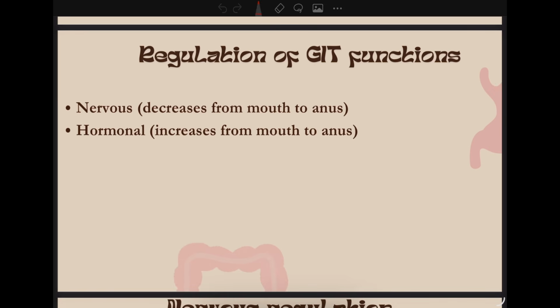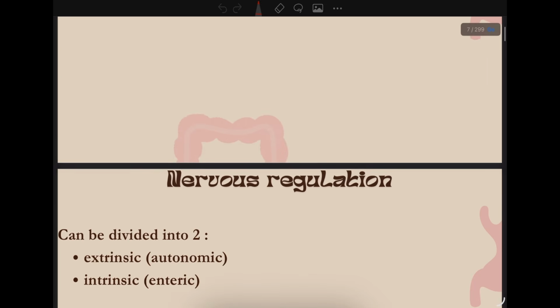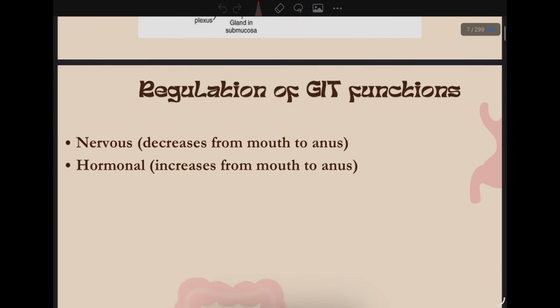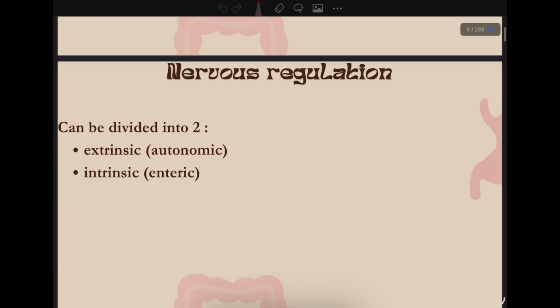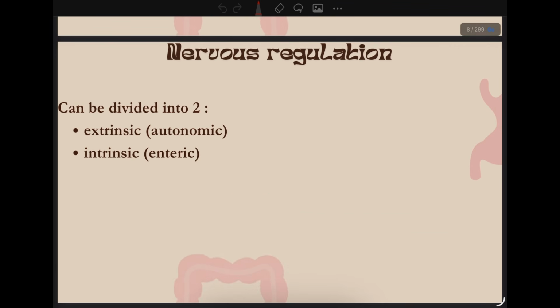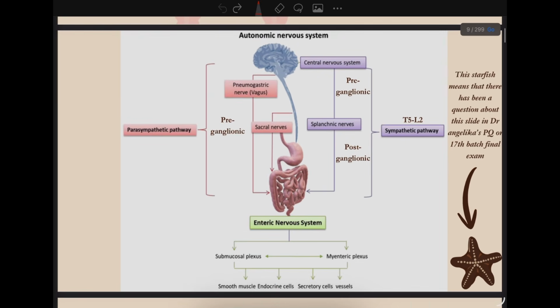Hormonal is the exact opposite. It starts very weak in the mouth and becomes stronger the more you go towards the anus. This is just a general rule of thumb that you should keep in mind. Now we will talk about nervous control specifically in this lecture, and it can be divided into two: either extrinsic control or intrinsic control. What is this and what is this? We will talk about it now.